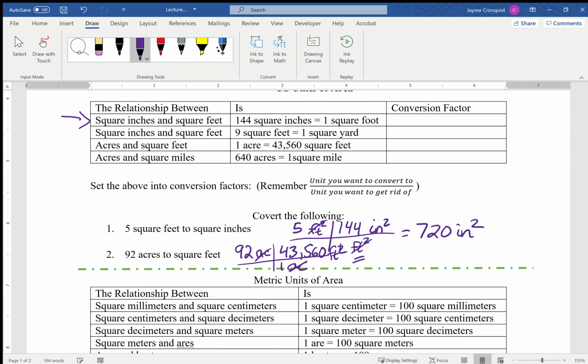So I just have to do 92 times 43,560. And I get 4,007,520 square feet. All right, that's a lot.